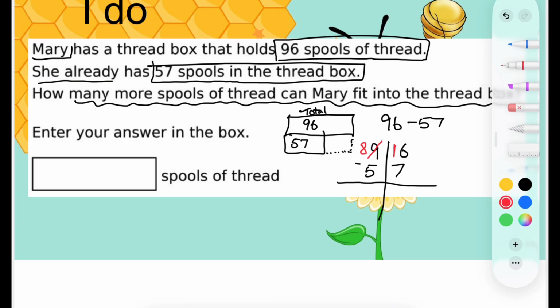We're going to put 7 in our head and count up to 16. 7, 8, 9, 10, 11, 12, 13, 14, 15, 16. 9. Put 5 in our head and count up to 8. 5, 6, 7, 8. 3. So she could hold 39 more spools of thread.